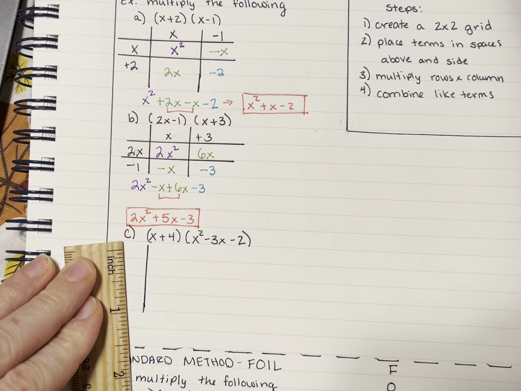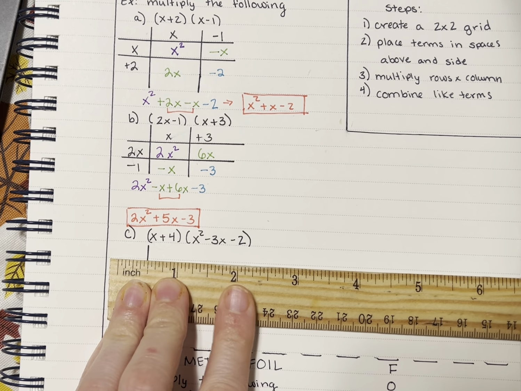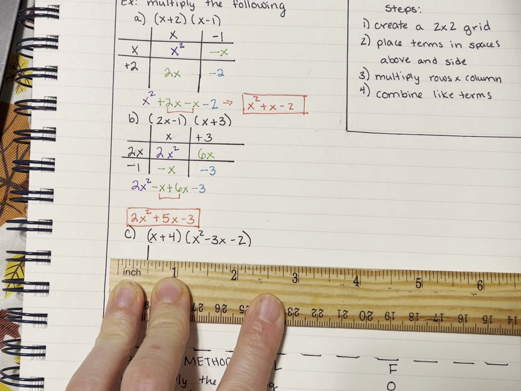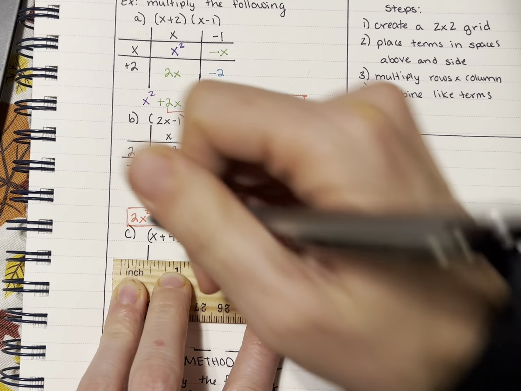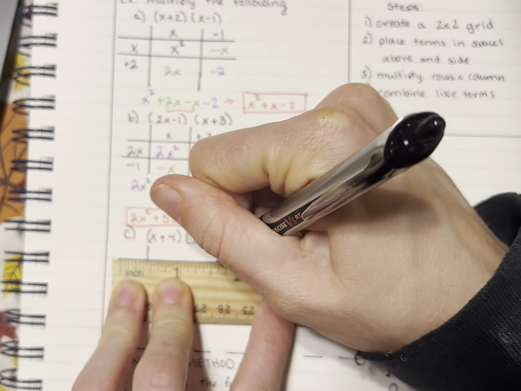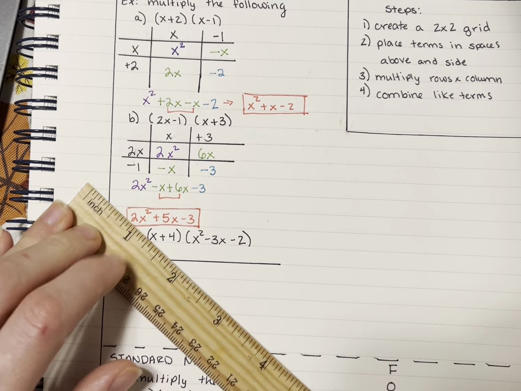So this time I do need it to go down 3, because it's not going to be a 2 by 2. It's actually going to be a 2 by 3. And actually, I still made it go down too far. Silly mistake.